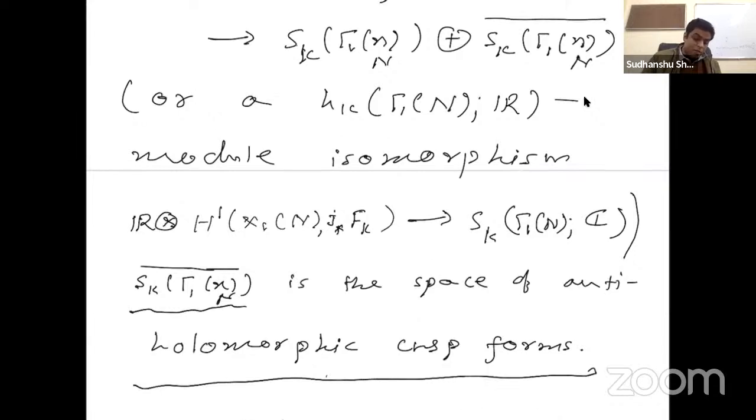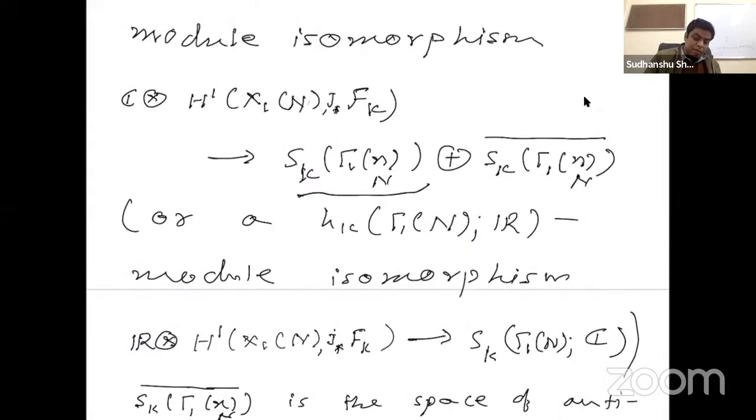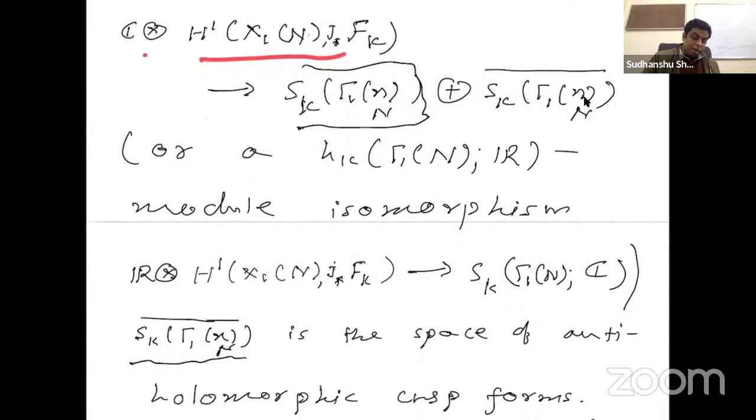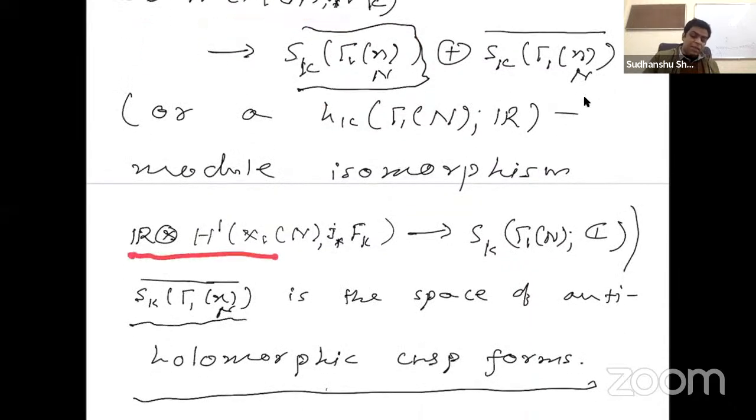So when I take the direct sum of these two spaces, this is isomorphic to the tensor product of C with this cohomology group. In particular, if I just tensor with R, then this is isomorphic to the space of cusp forms.